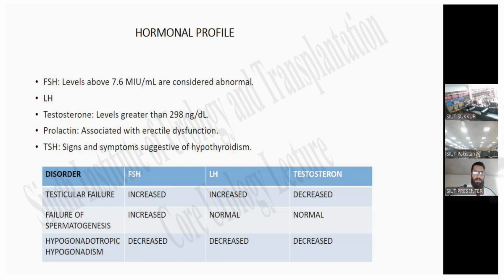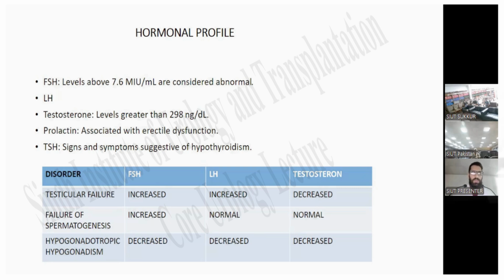With semen analysis, a hormonal profile is usually asked, which includes FSH, LH, testosterone, prolactin, and TSH levels. FSH levels usually above 7.6 million international units per ml are considered abnormal, while some labs give the reference limit between 12 to 15 million international units.